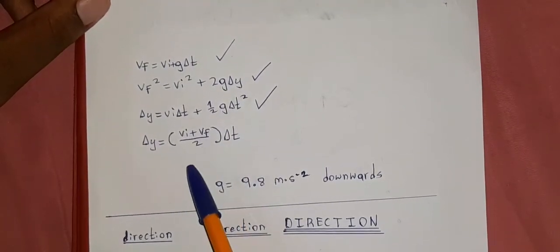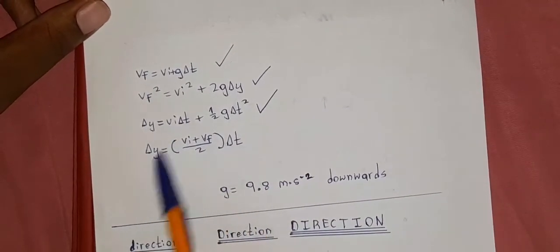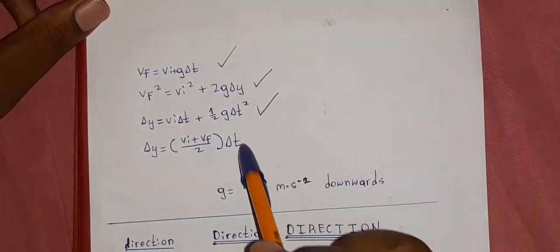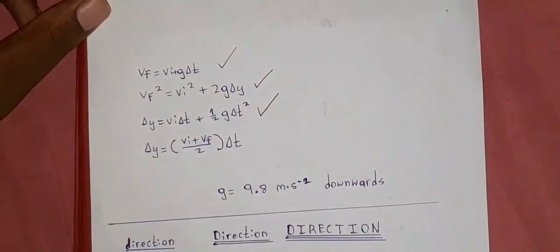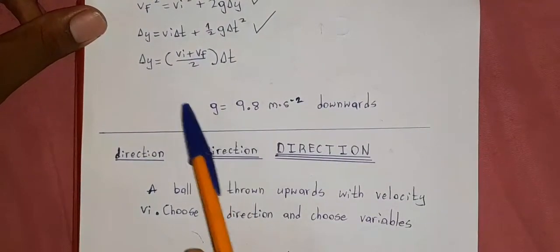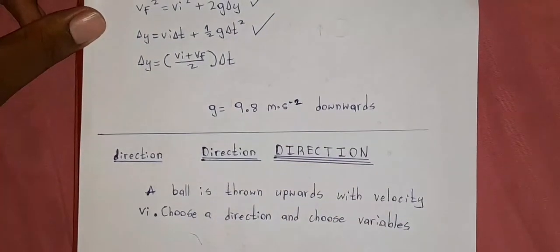It's just that it wasn't that necessary for them to introduce this formula. But trust me, it works just like all other formulas, but we're not going to use it most of the times. And we said that g here is a constant, 9.8 meters per second squared downwards.